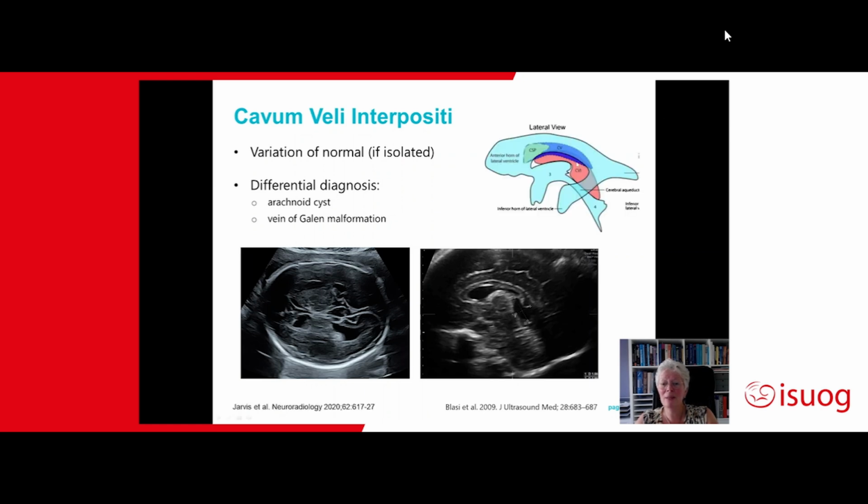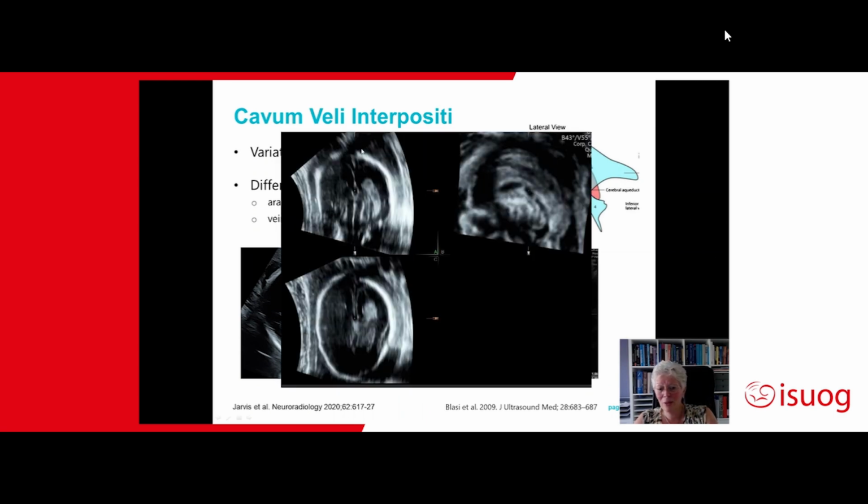And here you can see a schematic drawing of the cavum septi pellucidi, your cavum vergae, and your cavum veli interpositi, which are all spaces that are going to disappear during development. And with some babies they disappear a little bit later than usual.